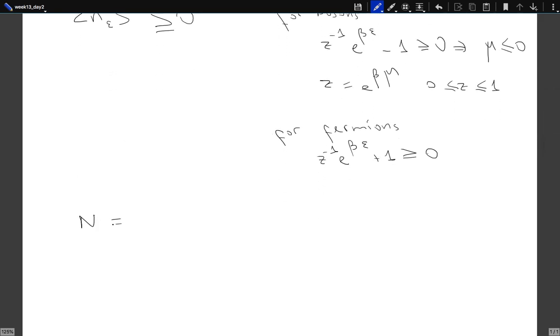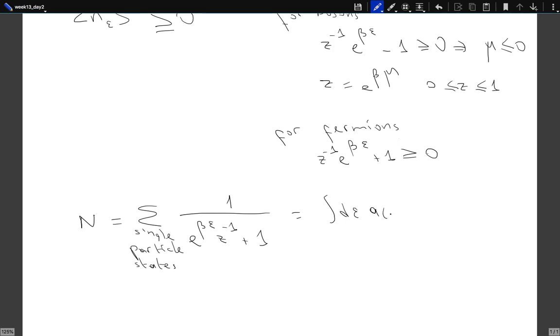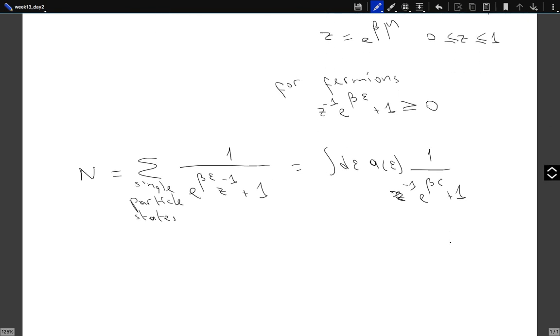So n should be equal to the sum over all single particle states of 1 over e to the power beta epsilon z to the power minus 1 plus 1, and we can just convert it to an integral, the integral over epsilon of 1 over z to the power minus 1 e to the power beta epsilon plus 1, whatever the value of z or the temperature is.